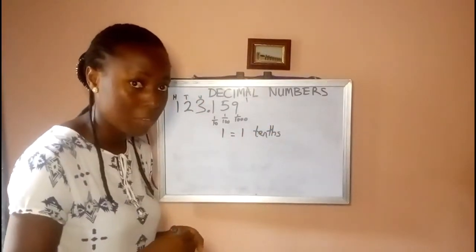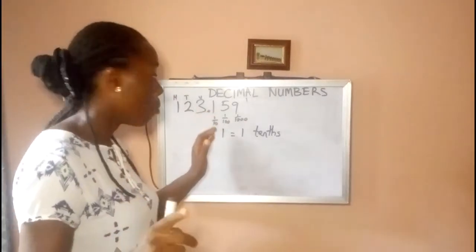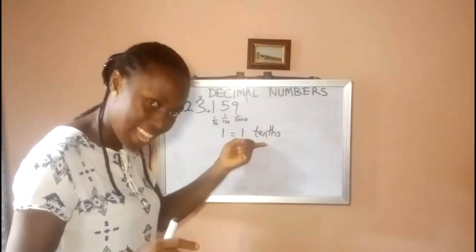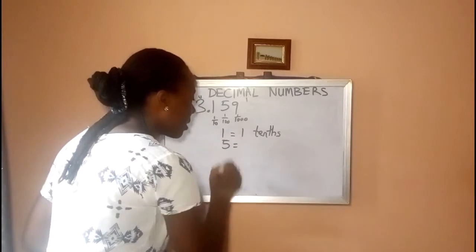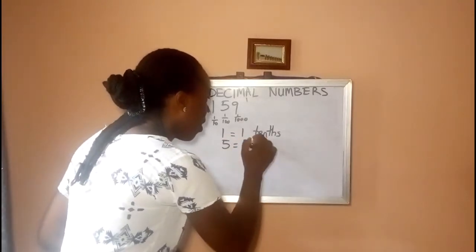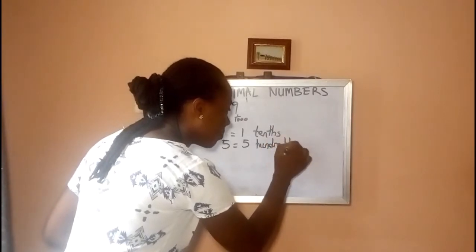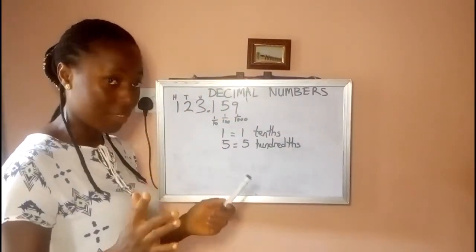If you notice a difference, the digit before the decimal point is in units, but the one immediately after the decimal point starts with tenths. The next one, 5, is called 5 hundredths. Can you see it? There's a difference.